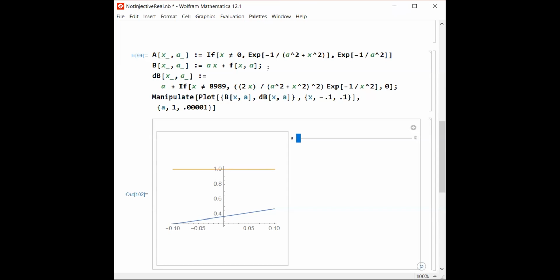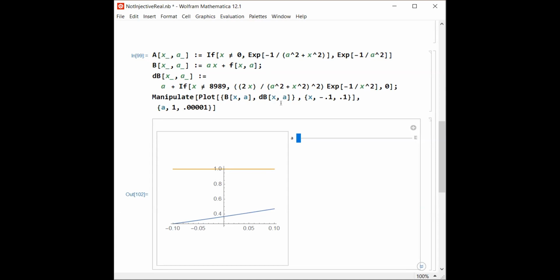Now, what happens as a gets smaller and smaller and smaller? Well, if I get really, really close, then x squared is so small, the denominator is essentially a squared. But what happens to ax as a goes to 0? What's that going to go to? It's going to go to 0.